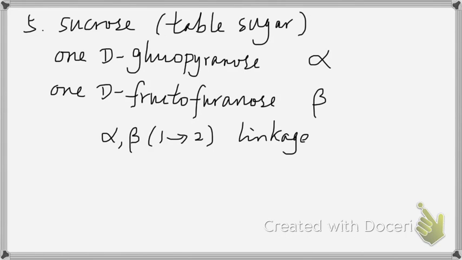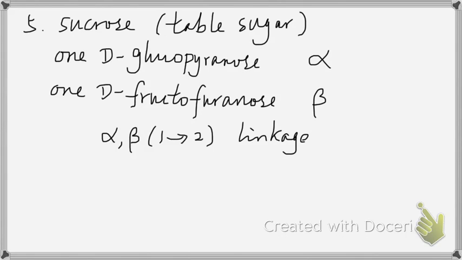So lots of information are provided here. All right. So glucose is in the 6-membered ring, pyranose, and the fructose is in the 5-membered ring. It's a furanose. And the carbon 1 of glucose is the anomeric carbon. Carbon 2 of fructose is the anomeric carbon.